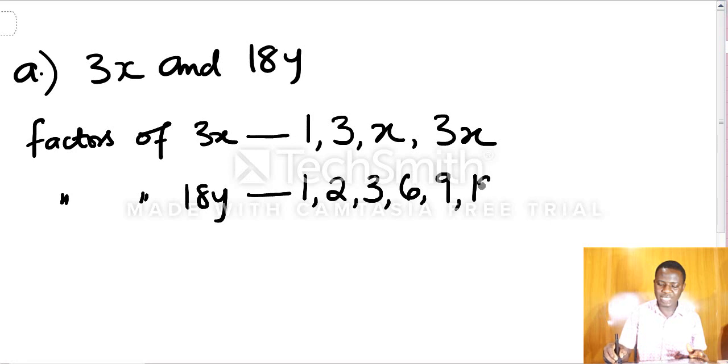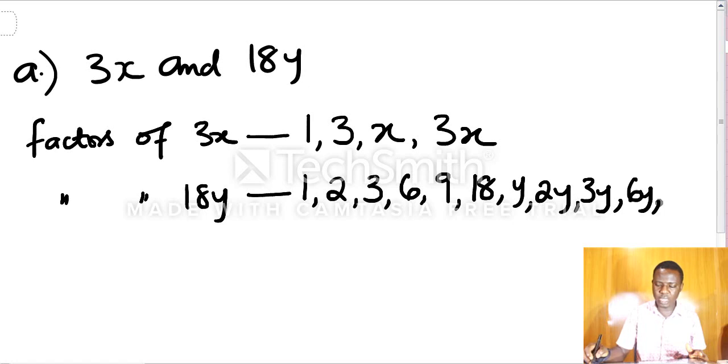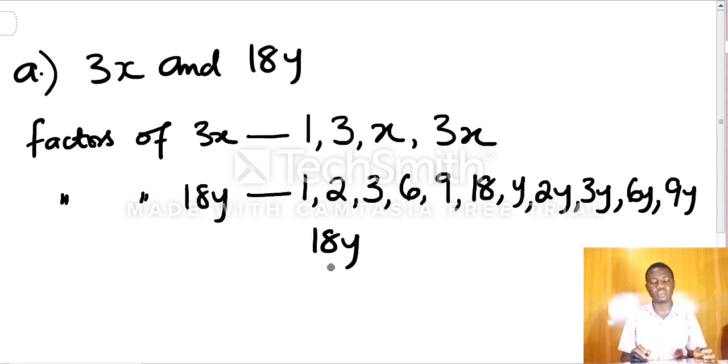Then we look at 18. We look at y, 2y, 3y, 6y, 9y, and 18y itself. 18y itself can be said to be a factor of itself.